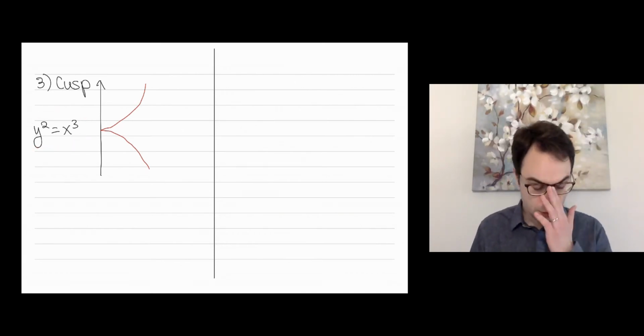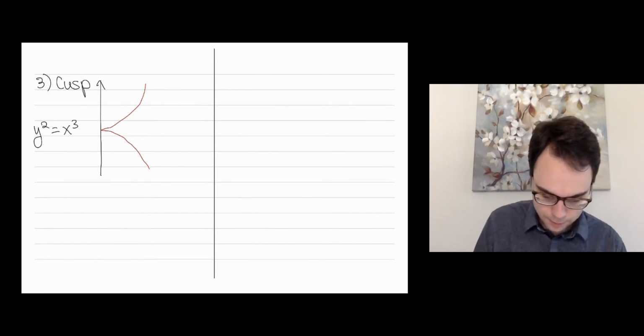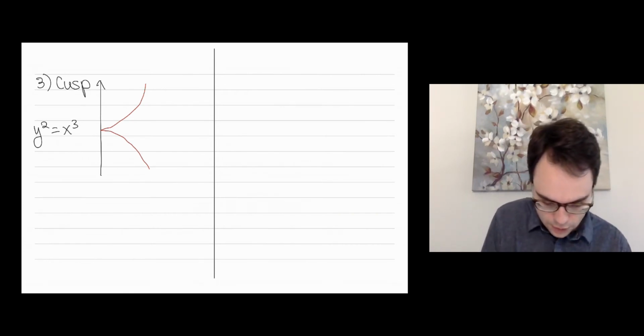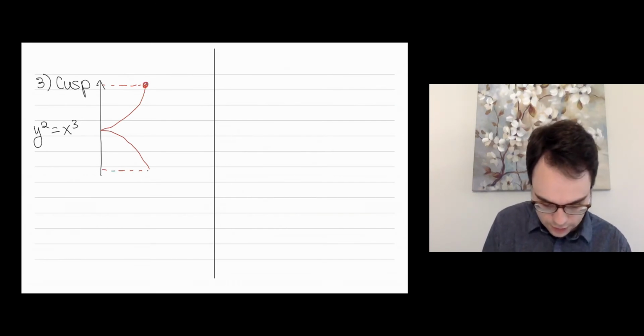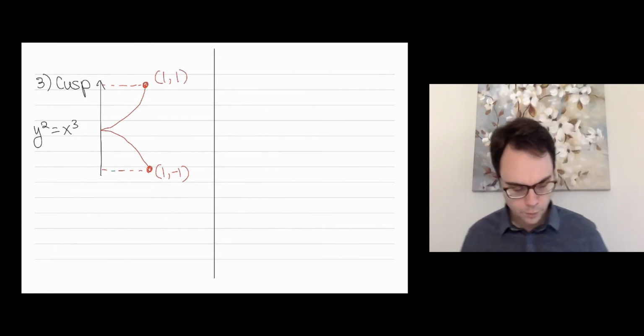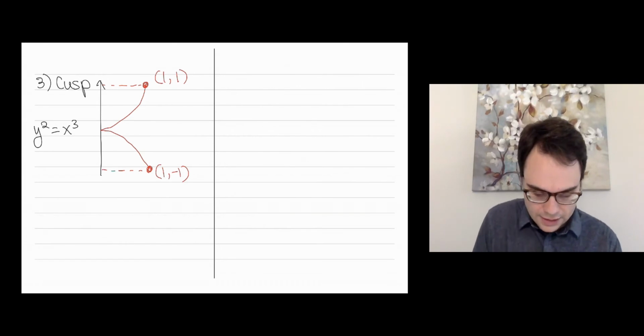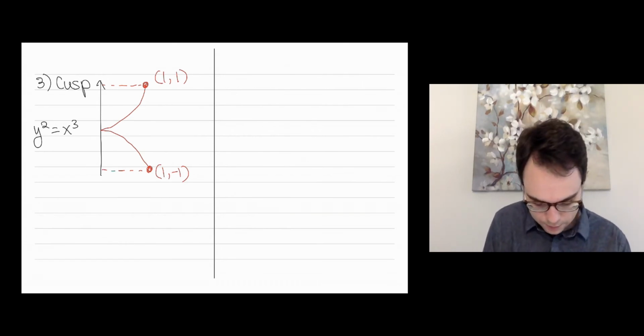It's going to be a curve that looks like this. I want the portion of this curve that lies between these two points. Here x is positive and y is negative, and here x is positive and so is y. Okay, so let's see if this picture makes sense.